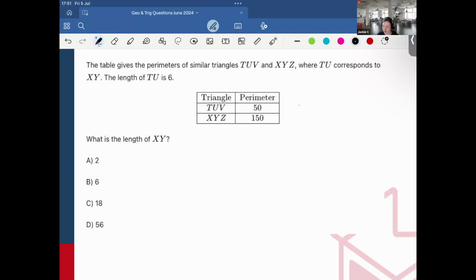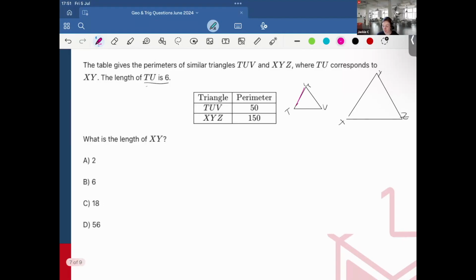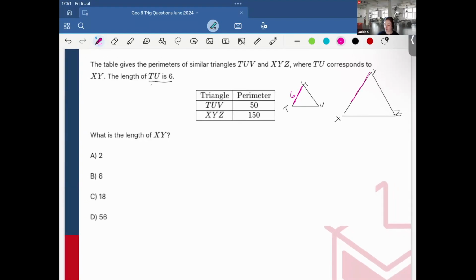So if I have triangle TUV, and then I also have triangle XYZ. Okay, and then it tells me that TU is 6. So if they're similar, I know that TU is going to correlate to XY. I also know TV is going to correlate to XZ. And I also know that UV is going to correlate to side YZ. Okay, amazing. So I'm asked for the length of XY.